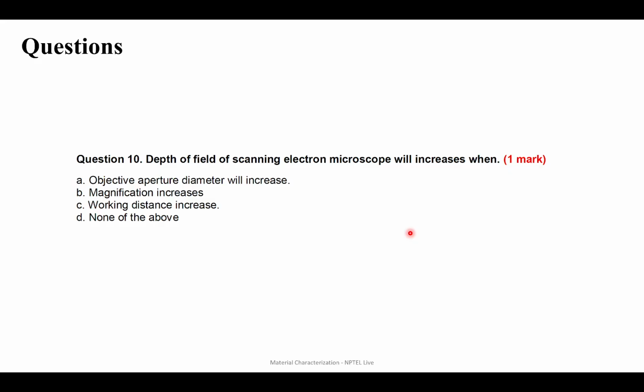Depth of field of scanning electron microscope will increase when objective aperture diameter will increase, magnification increase, working distance increase, none of the above.